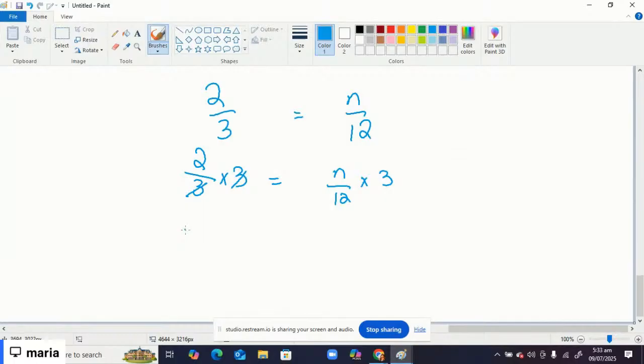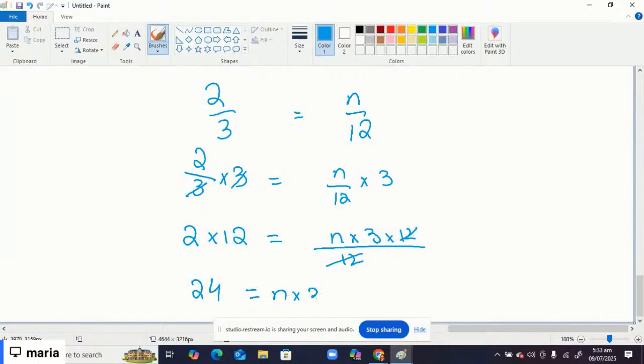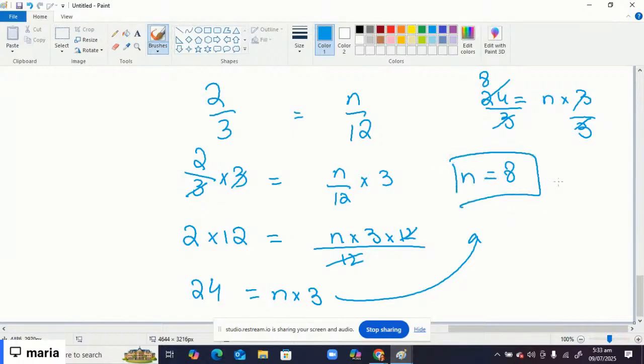This 3 and 3 should be cancelled, only 2. Now multiply by 12. 12 should be cancelled. 12 times 2 is 24. That is equal to n times 3. So 24 is equal to n times 3, dividing by 3 on both sides. This should be cancelled, and 3 times 8 is 24. So n is equal to 8, and that would be your answer.